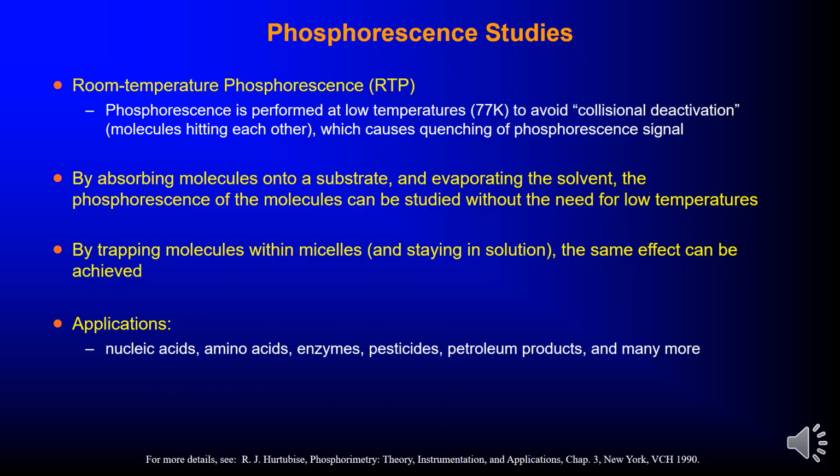Phosphorescence is performed at low temperatures, 77 Kelvin, to avoid collision deactivation, which causes quenching of the phosphorescence signal. Alternatively, by absorbing molecules onto the substrate and evaporating the solvent, phosphorescence of the molecules can be studied without the need for low temperatures.